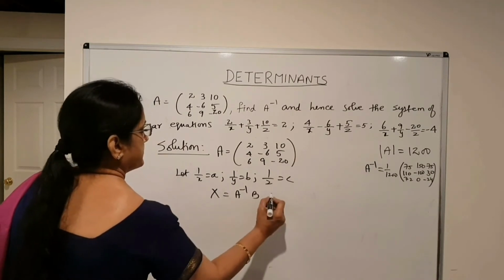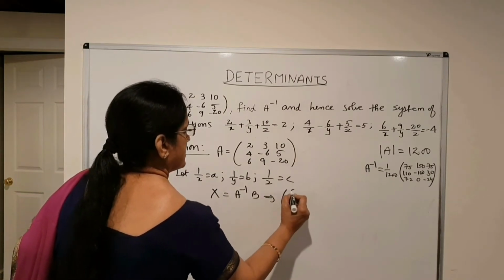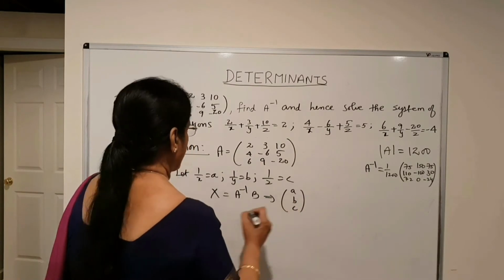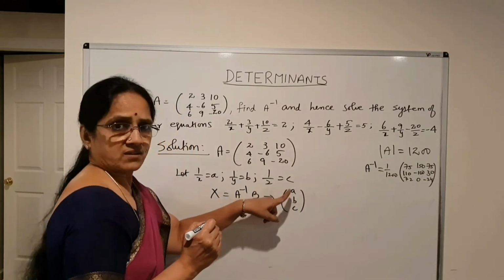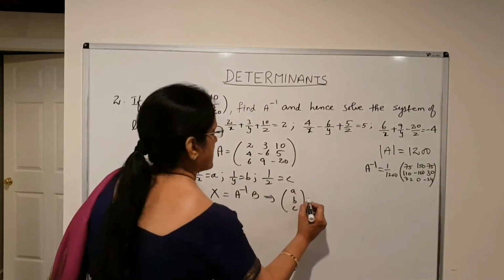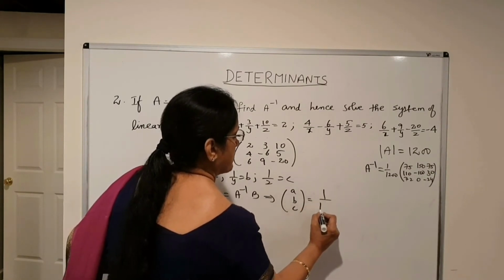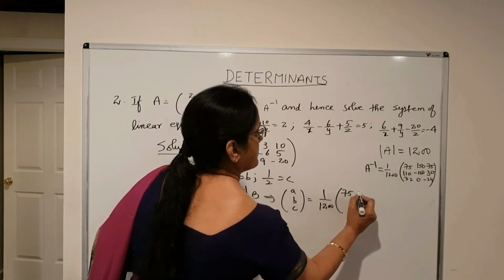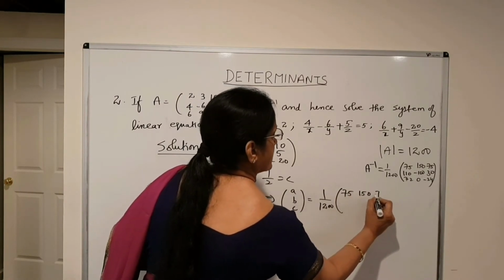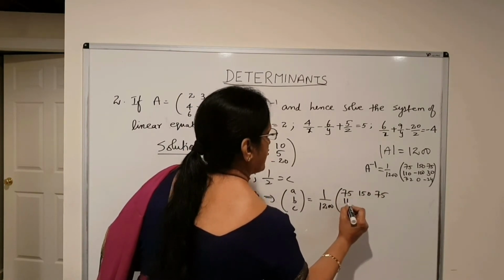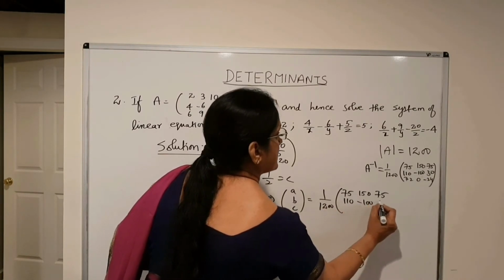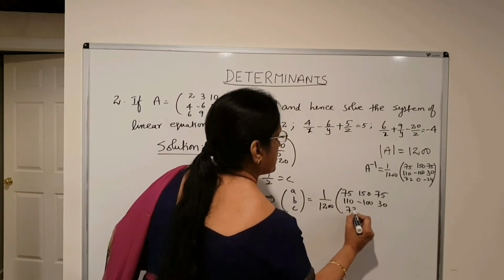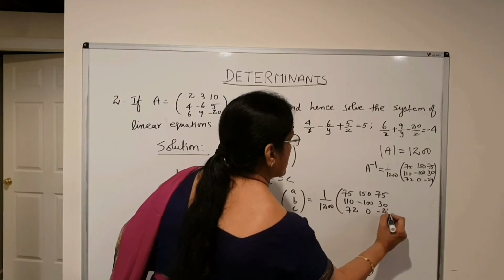That is, this implies a, b, c. Because matrix X is nothing but the column matrix a, b, c, which is equal to A inverse, which is 1 by 1200 multiplied by the matrix 75, 150, 75, 110, minus 100, 30, 72, 0, minus 24.